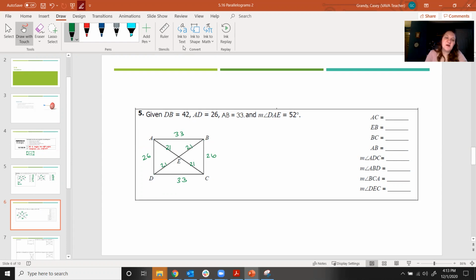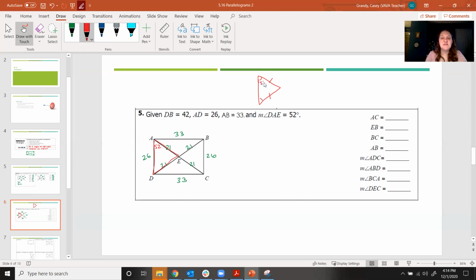DAE is 52. I'll put the angles in a different color. DAE, so this is 52. So now let's look at this broken down. If I look at just this triangle, I see an isosceles triangle. How do I know it's isosceles? These sides are congruent, which means these angles are congruent.